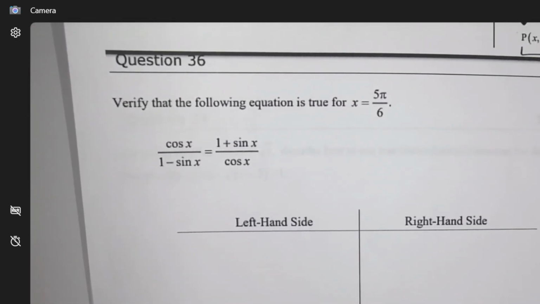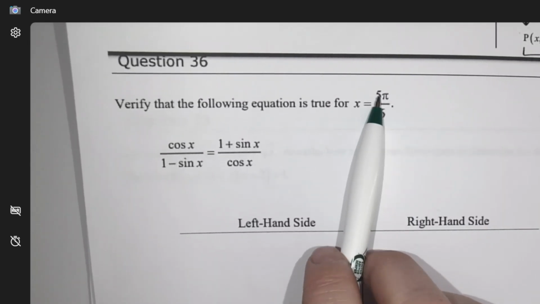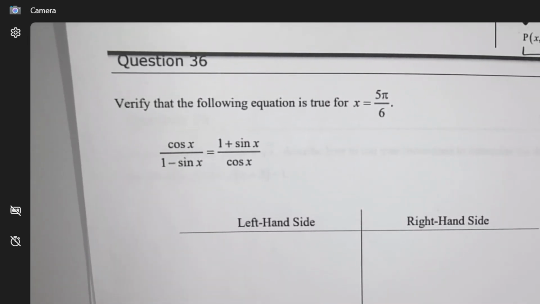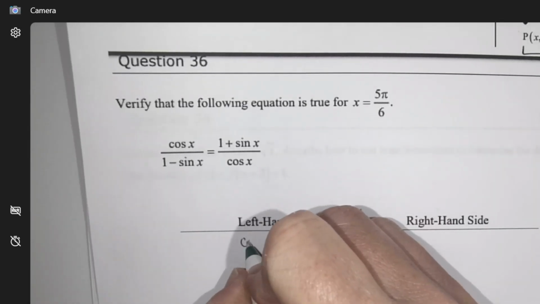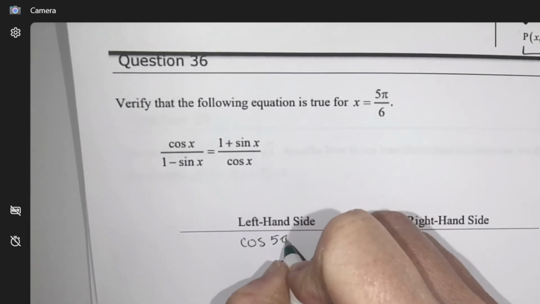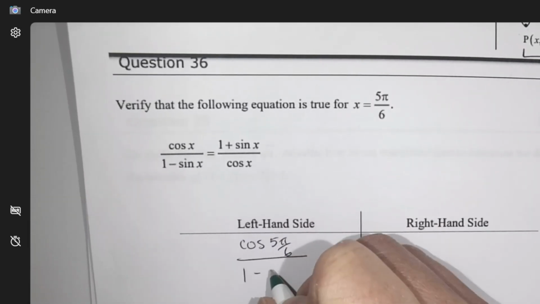Okay, verify that this is true for the equation at x equals 5 pi over 6. So I'm going to plug in 5 pi over 6.